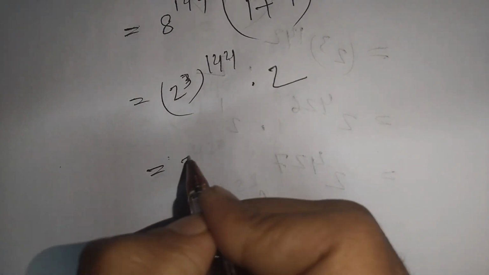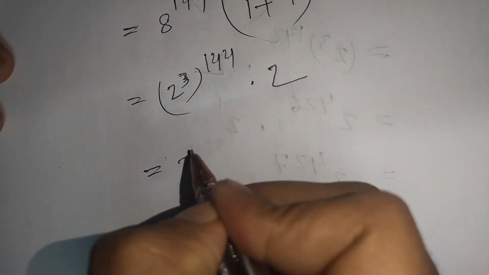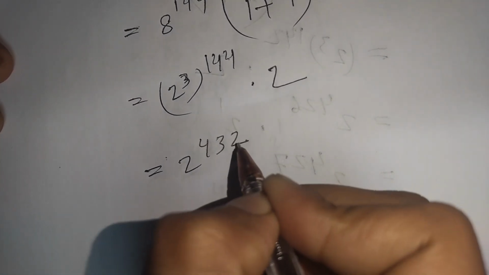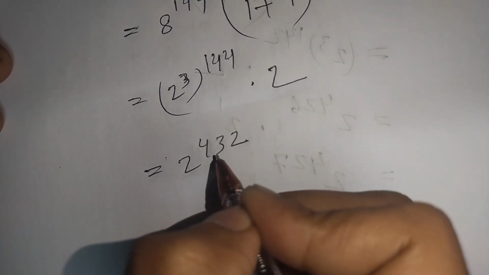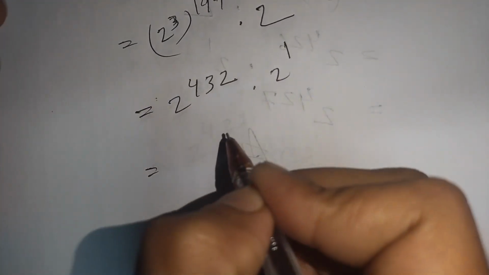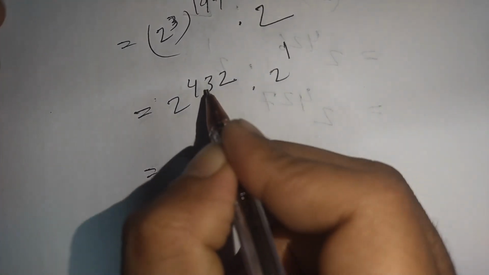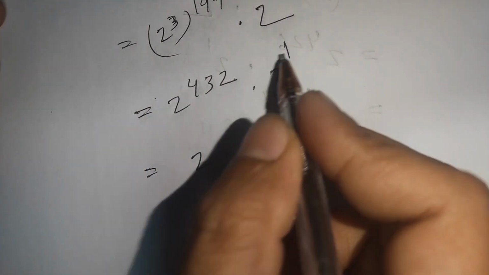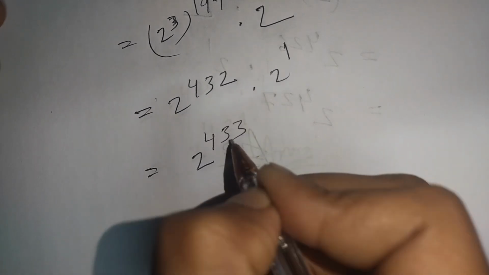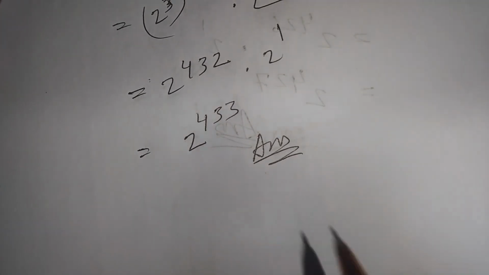Now 2 to the power 3 times 144, that means 432, times 2 is the same as 2 to the power 1. So now we see 2 is the same base but different powers, so we can write 2 to the power 432 plus 1, that means 433. So 2 to the power 433 is the correct answer.